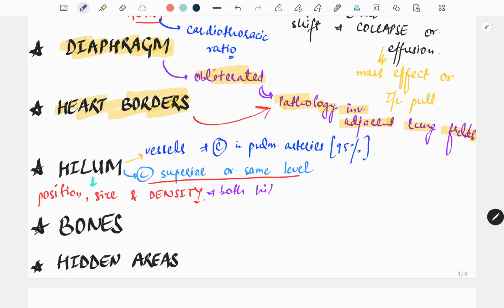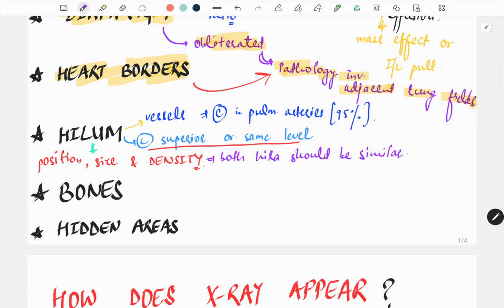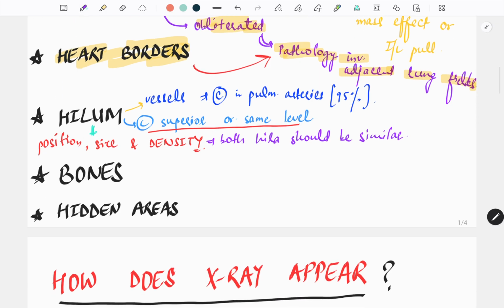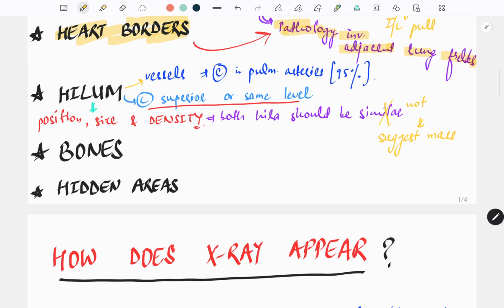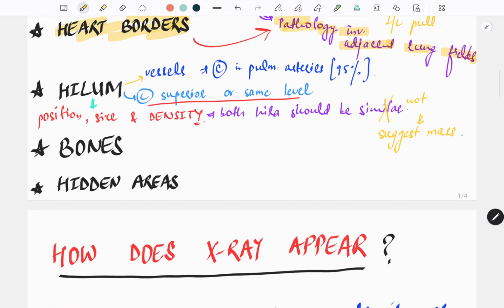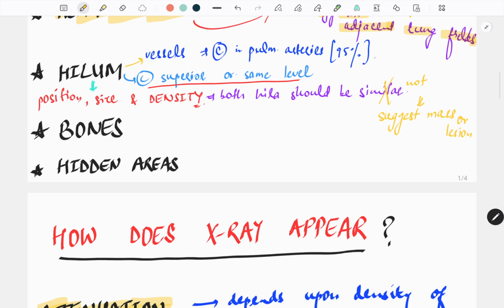The density of both hila should be similar. If one is more than the other, if not similar, then it will suggest either a mass or a lesion or a nodule.